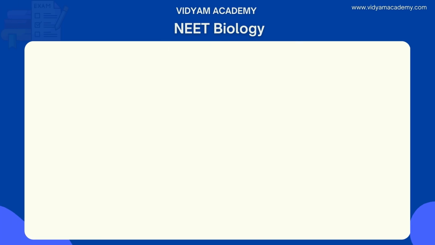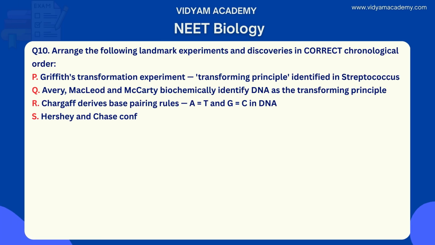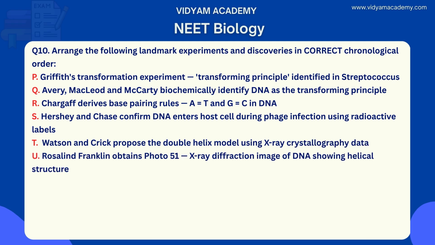The final question of this topic is: arrange the following landmark experiments and discoveries in correct chronological order. So here, P: Griffith's transformation experiment, transforming principle identified in Streptococcus. Q: Avery, MacLeod and McCarty biochemically identified DNA as the transforming principle. R: Chargaff derived base pairing rules, A equals T, G equals C in DNA.